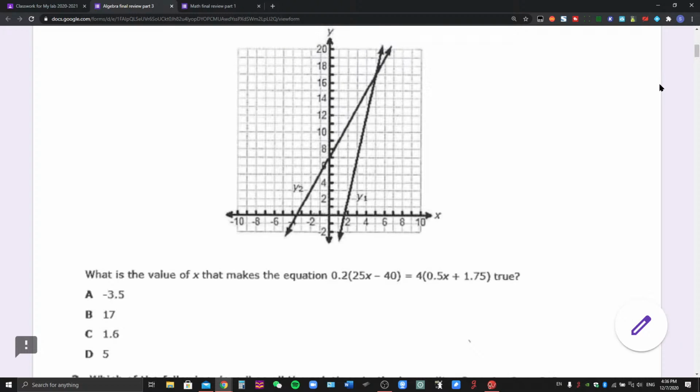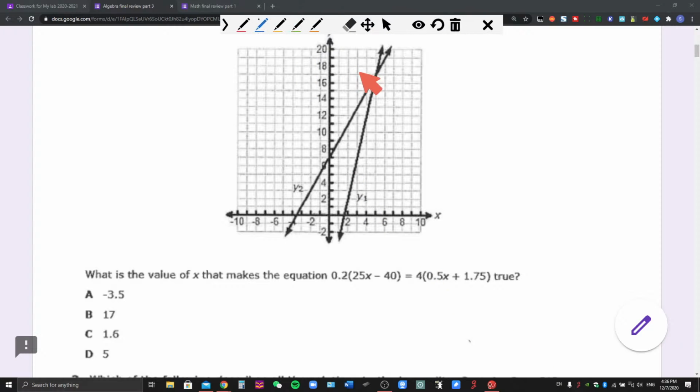Intersection of the two graphs, and that intersection will be here. That will be the common solution. And the question is asking for the value of x at that point. So the value of x at that point will be between 4 and 6.